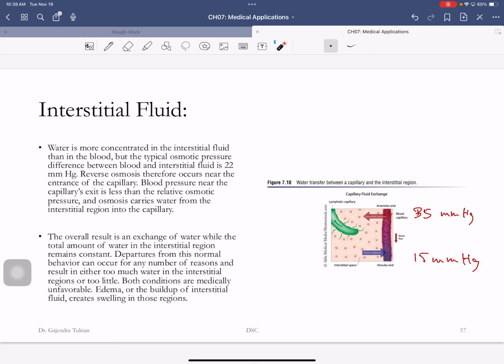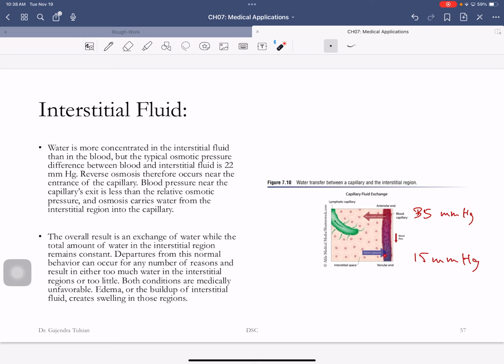So that's conservation of water, which is good. But this excess pressure forces nutrients and other things, which is what you wanted, into the interstitial fluid. The overall result is an exchange of water, while the total amount of water in the interstitial region remains constant.